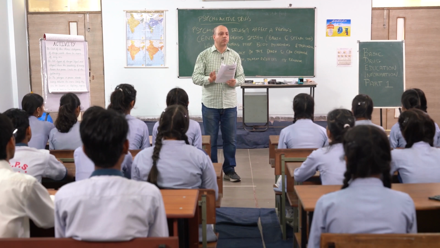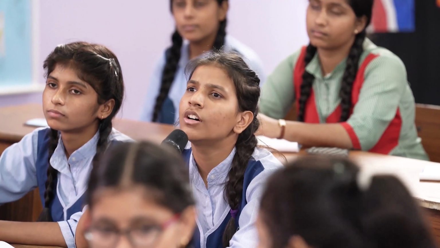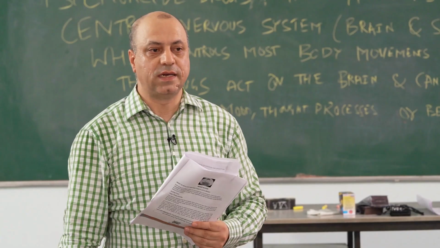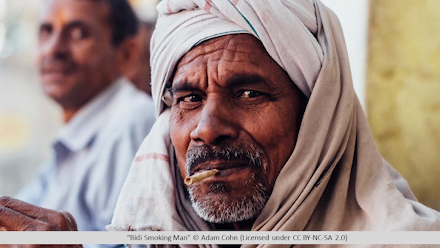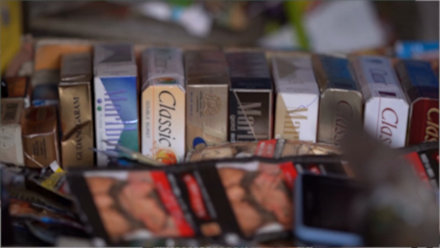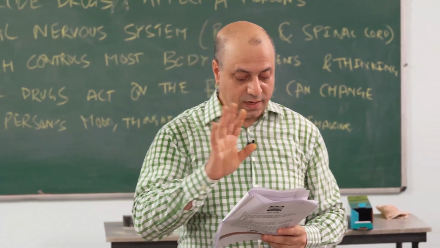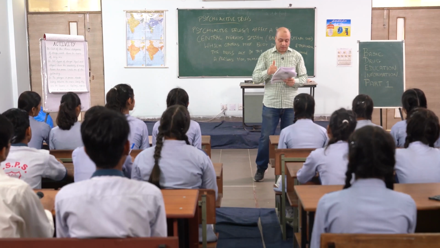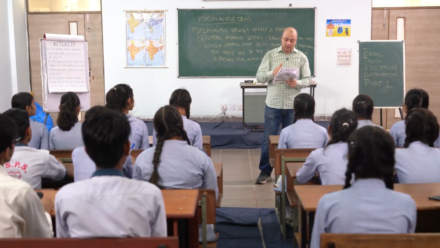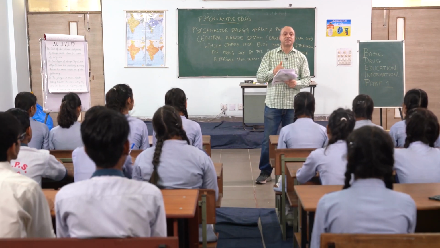So, based on what you know, can you tell me briefly what you understand by licit, legal drugs? Alcohol is a licit, legal drug, yes. Tobacco is a legal drug. All right. So let's discuss what legal drugs, licit drugs are. Legal, licit drugs are drugs for people of a certain age.